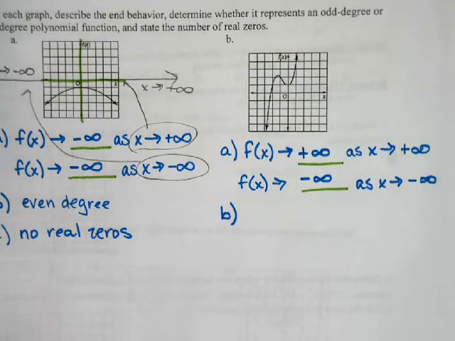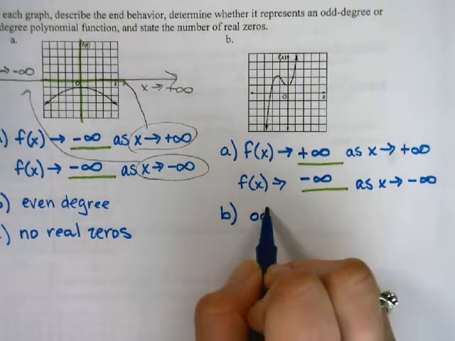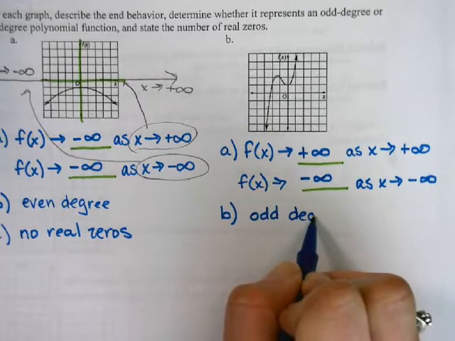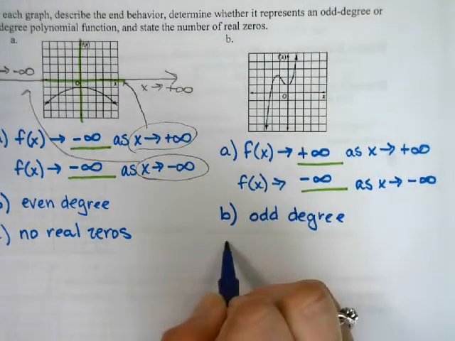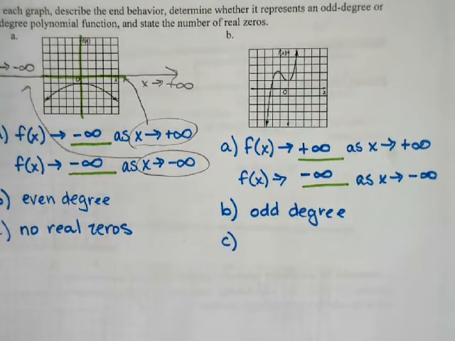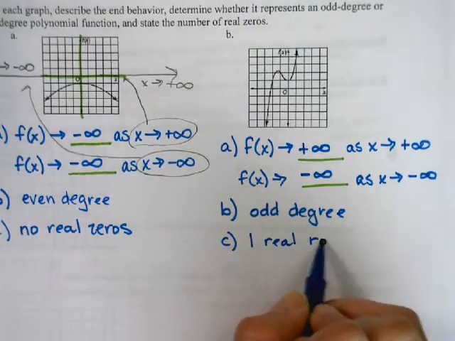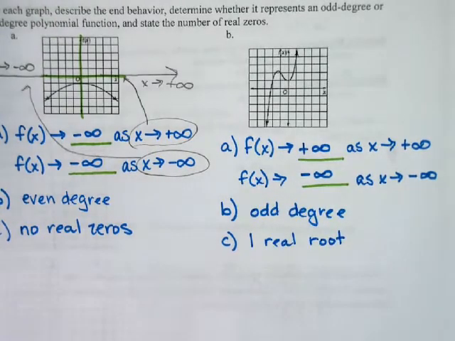Okay, what's your degree? Odd. He's going in opposite directions. How many times does it cross the x-axis? Once. Which means if this guy was a third degree, we'd have one real solution and two imaginary solutions.